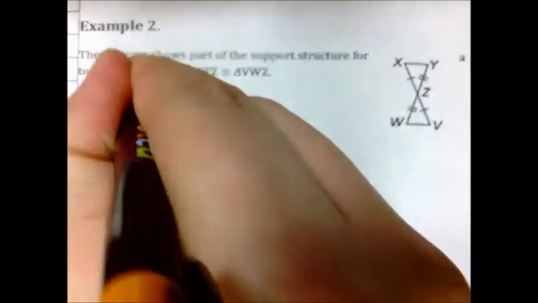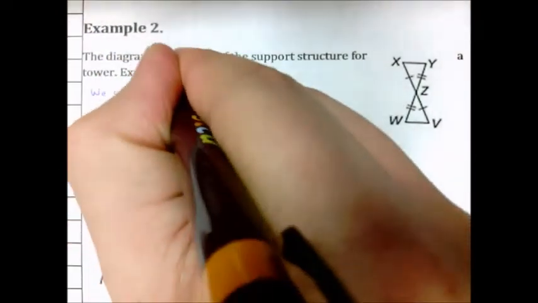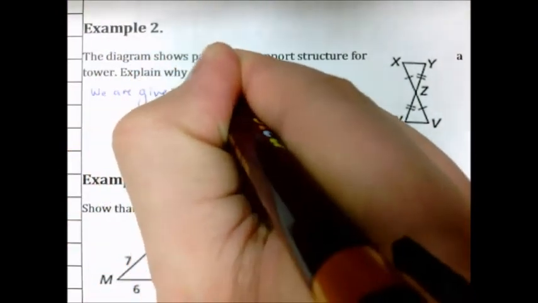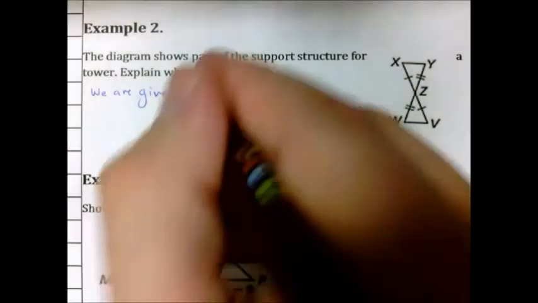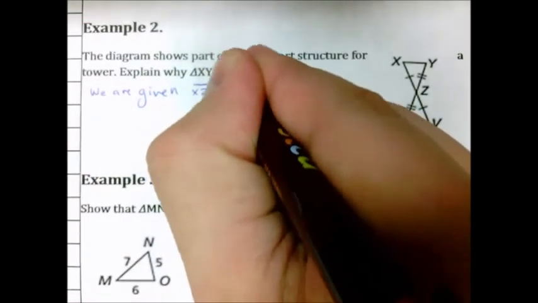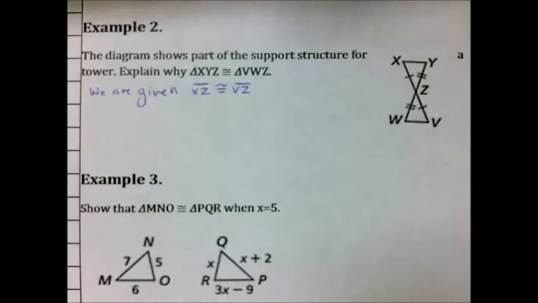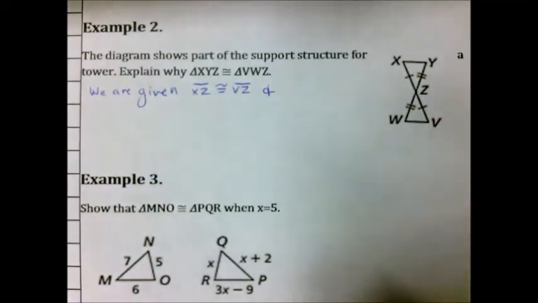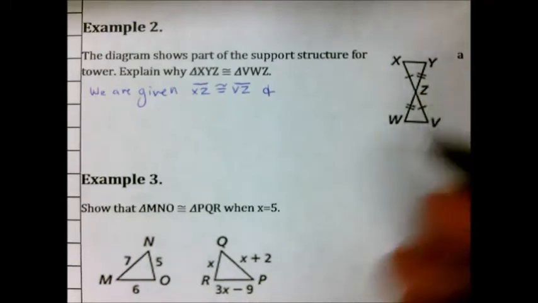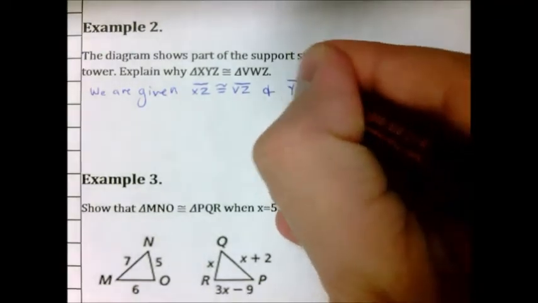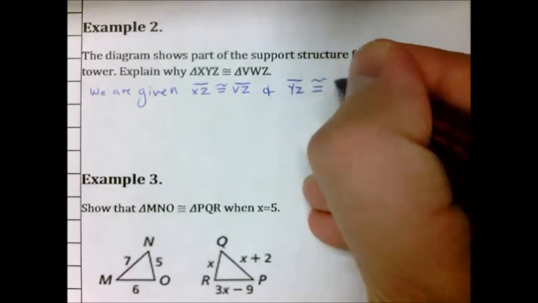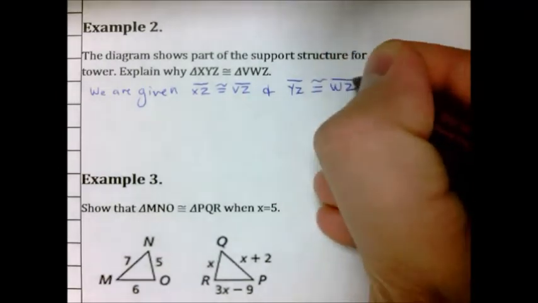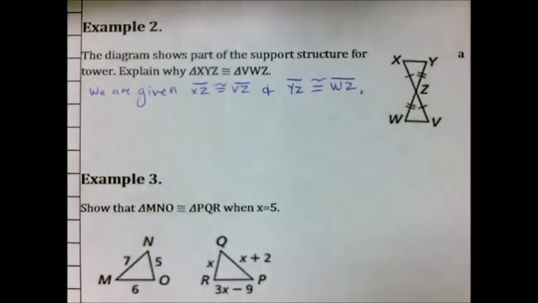We are given the information that line XZ is congruent to line VZ. We're also given that line YZ is congruent to WZ. That's the pieces of information that we do know, okay?